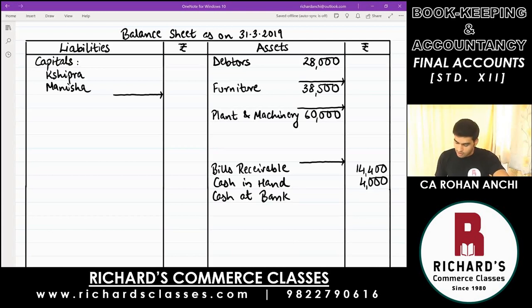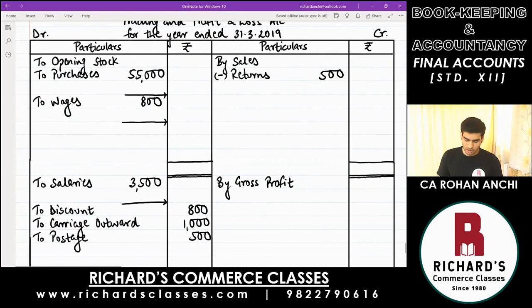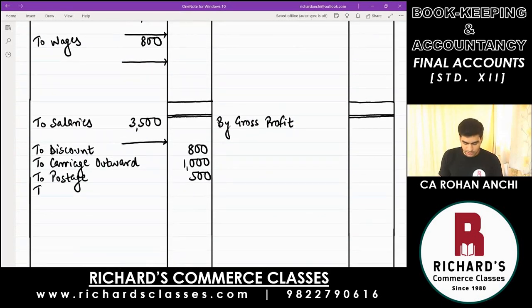That is 47,000. Next is insurance. That is in profit and loss account. Write down to insurance. $2,000.